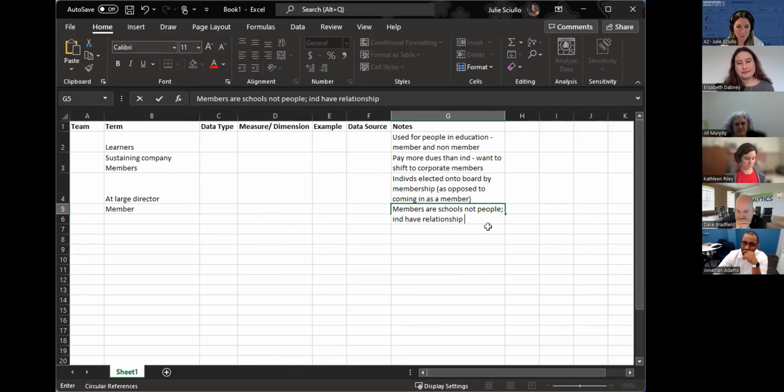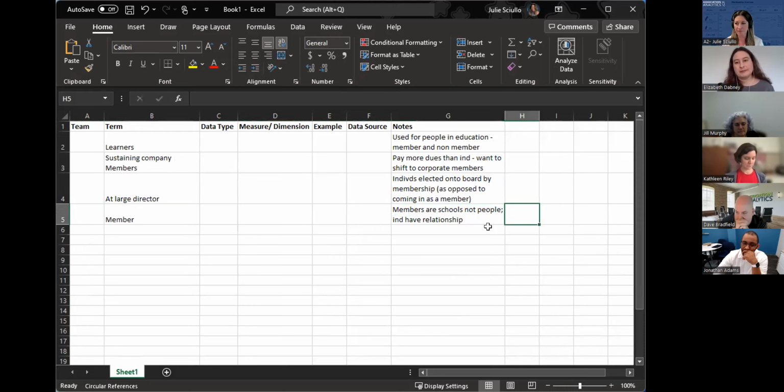And then depending on what you're looking at, you might see a list of all the individuals and somebody might interpret that as, oh, we have 100,000 members. Well, no, those individuals have a relationship with our 500 members or whatever it may be. And so again, having an understanding at a very basic level of what a member is, and everybody defining it, could be absolutely key.